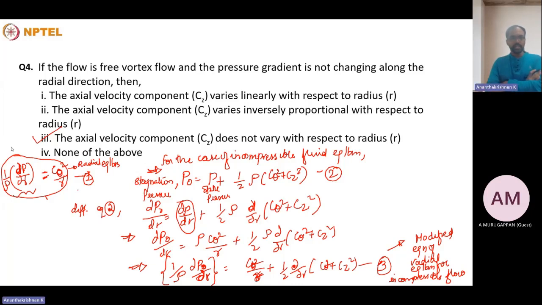The variation of the stagnation pressure in the radial direction will be equal to 0. So we can say the left hand side is 0 and r c theta is a constant. So using these two conditions, we can try to simplify equation number 3.